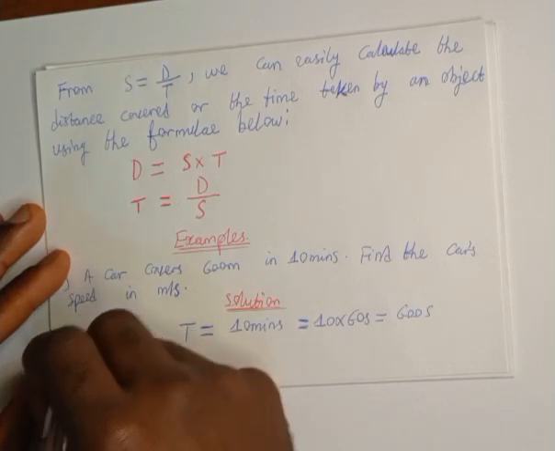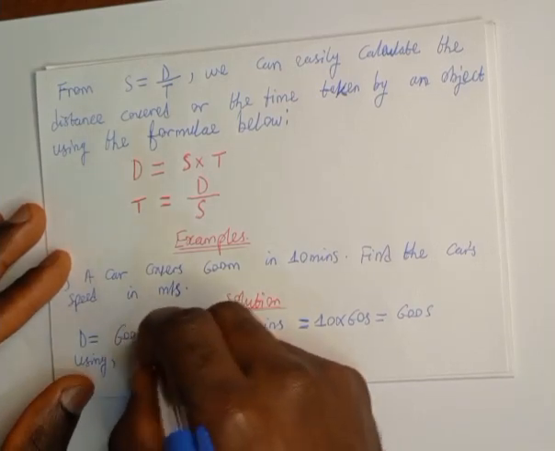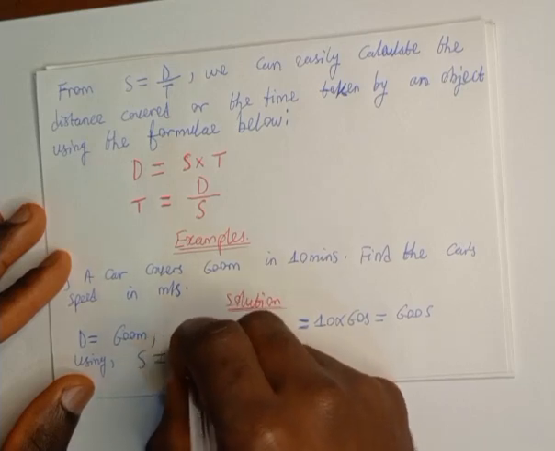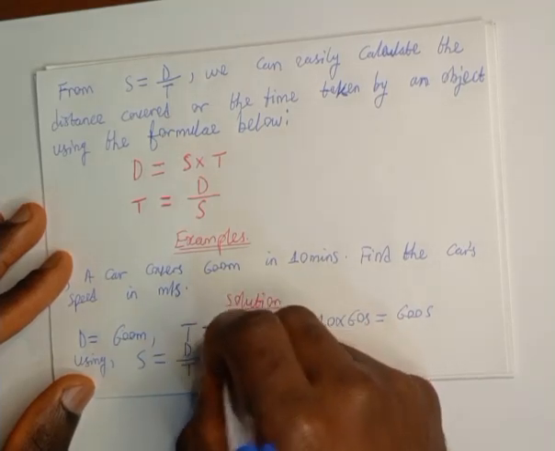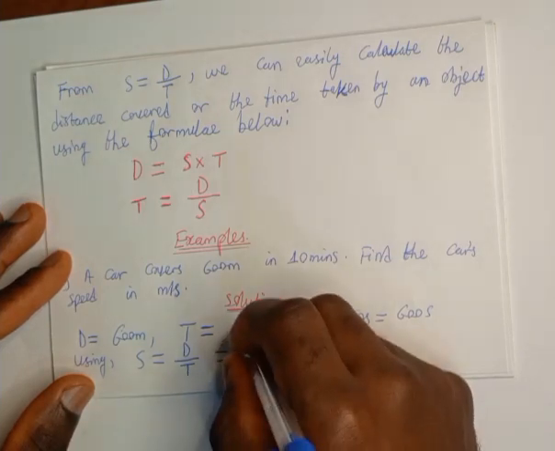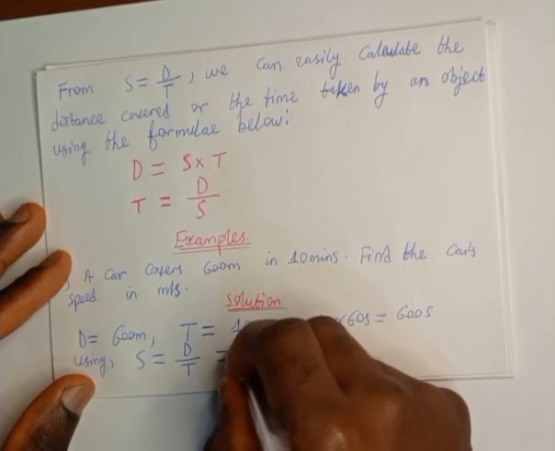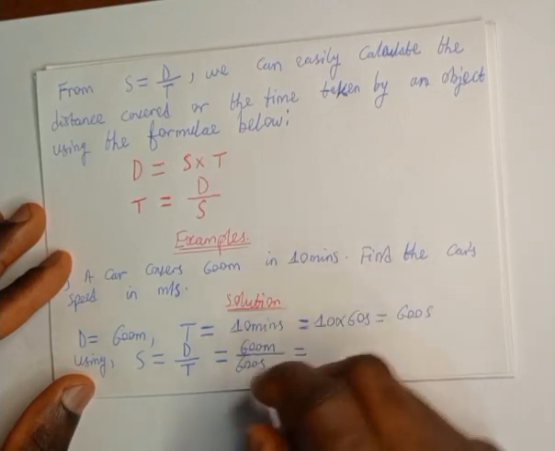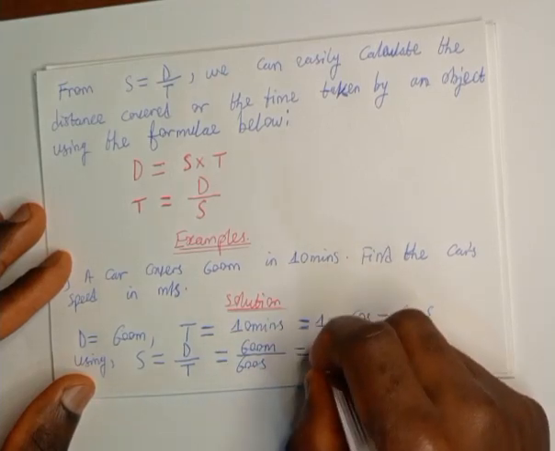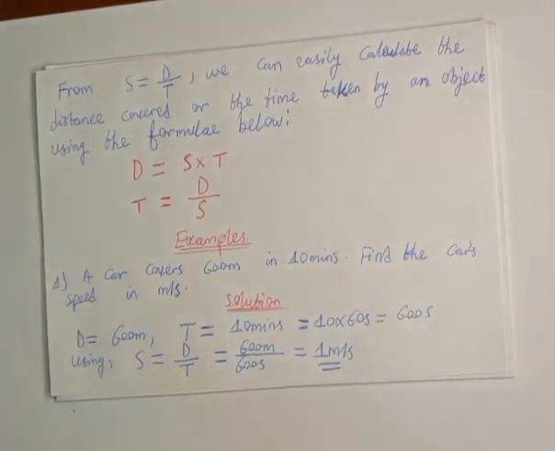And the speed, by using S equal to D over T, will simply be equal to the distance covered, 600 meters, divided by the time in seconds, which is 600 seconds. 600 divided by 600 gives us 1 meter per second. That means the speed of the car is 1 meter per second.